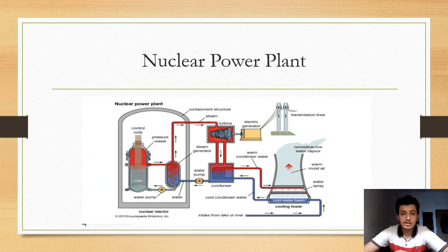This diagram is a general diagram of a nuclear power plant, showing how it looks, and now we will look at its components.